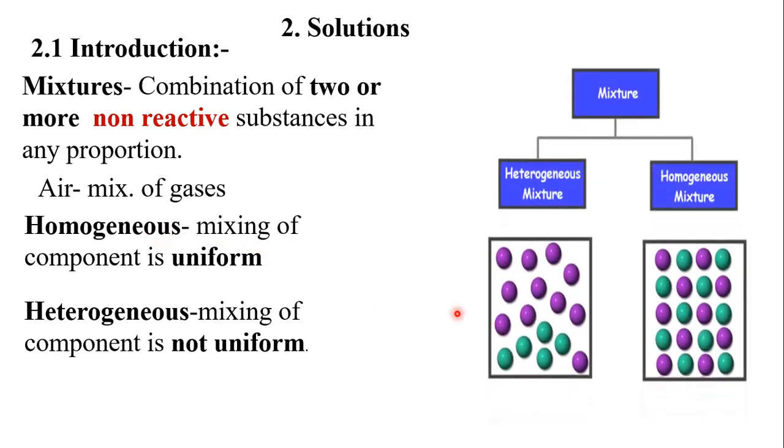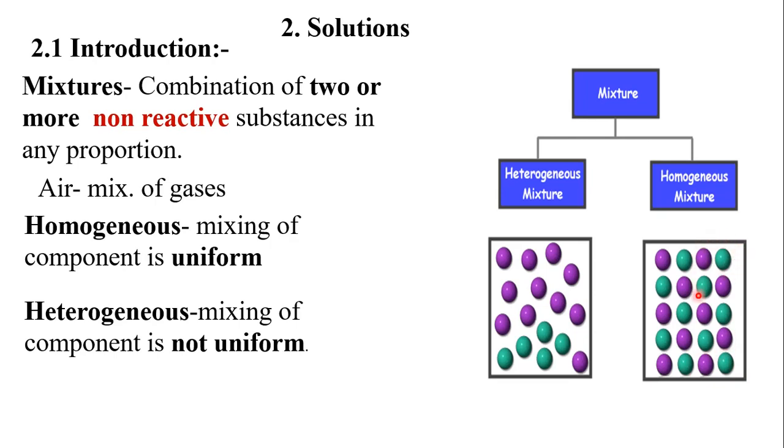See here. If you take any portion from this container, this particular mixture contains two components. If you take the upper portion of this mixture, then it also contains two green particles and two blue particles. If you take the bottom portion of this mixture, then also the proportion of these two components is the same.